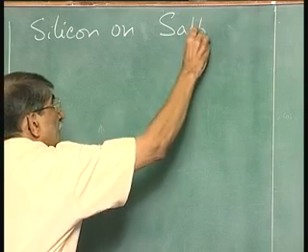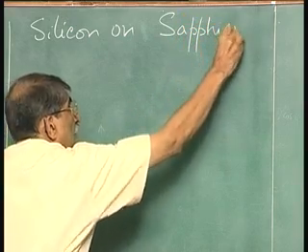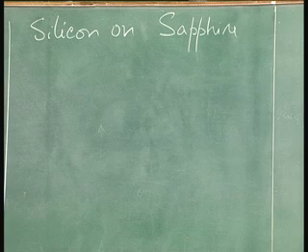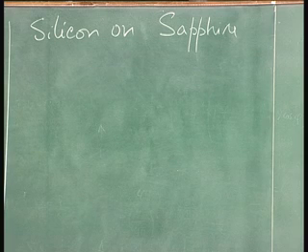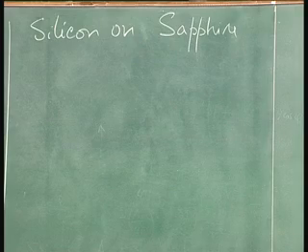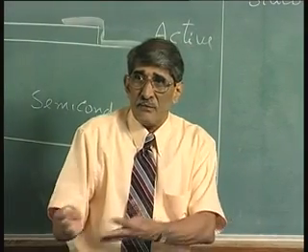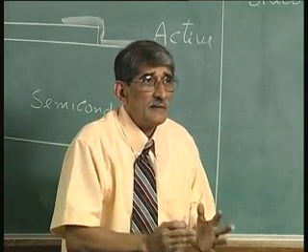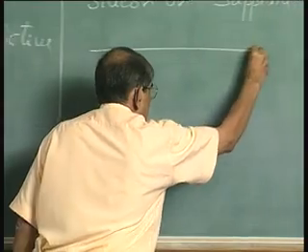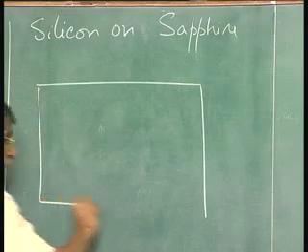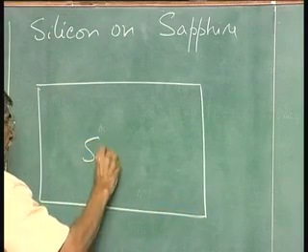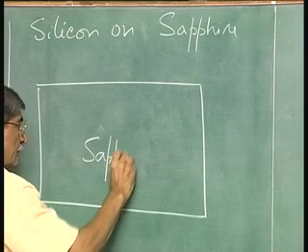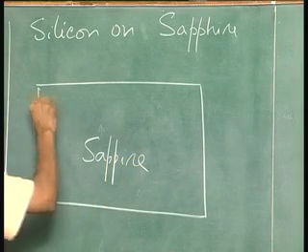Sapphire is Al2O3, it is an insulator, a very costly material. But still, if you want high speed, that is what they have done in silicon technology, because it is not as if high speed is the proprietary domain of the compound semiconductors. In silicon itself, people have been trying. It is like this: sapphire, and on that you grow silicon.